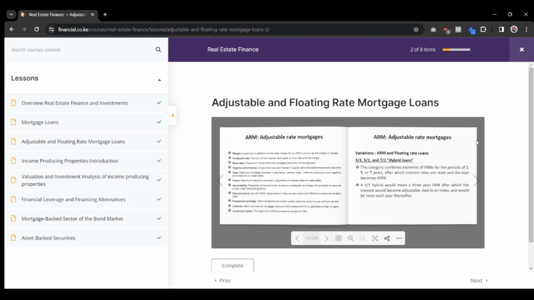This category combines elements of the fixed rate mortgages for the period of 3, 5, or 7 years, after which interest rates are preset and the loan becomes an adjustable rate mortgage. A 3-1 hybrid will mean a 3-year fixed rate mortgage, after which the interest will become adjustable, tied to an index, and will be reset each year thereafter.